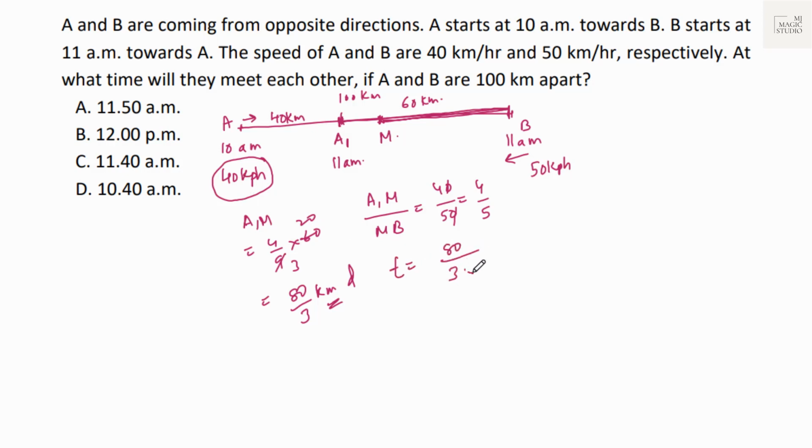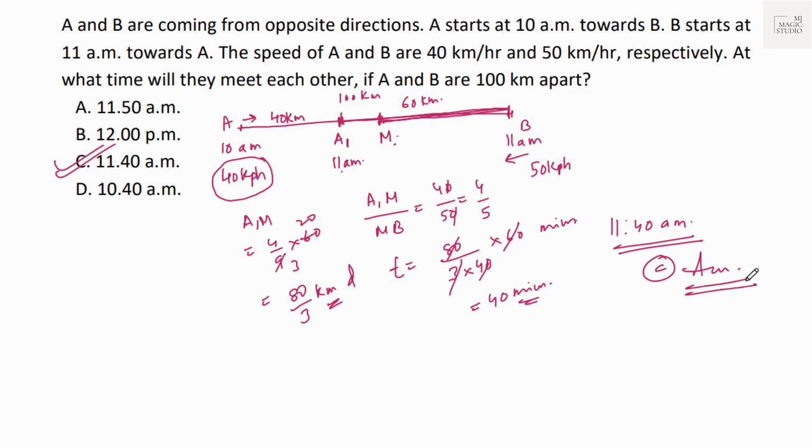So 80 by 3 into 40. If I multiply this by 60, I'll get the answer in minutes. So this is 40 minutes. So train A will take 40 minutes to reach M after 11 o'clock, from A1 to M. That means at M, both the trains are meeting at 11:40 a.m. Option C is the pick.